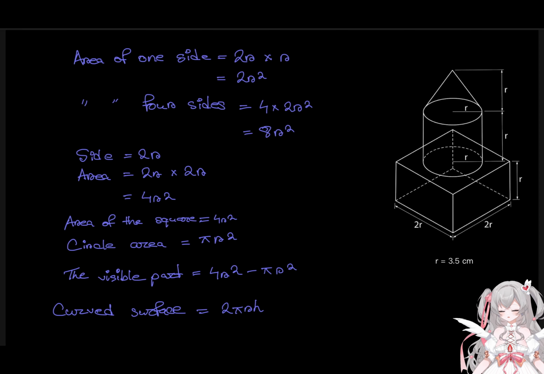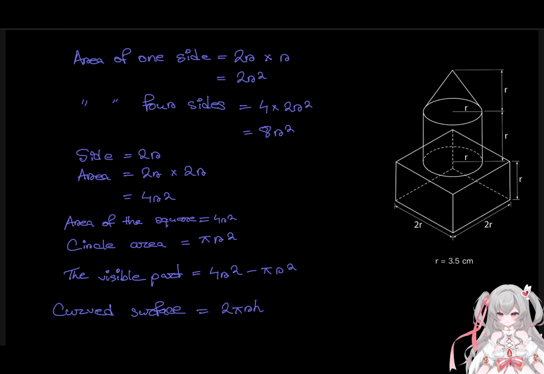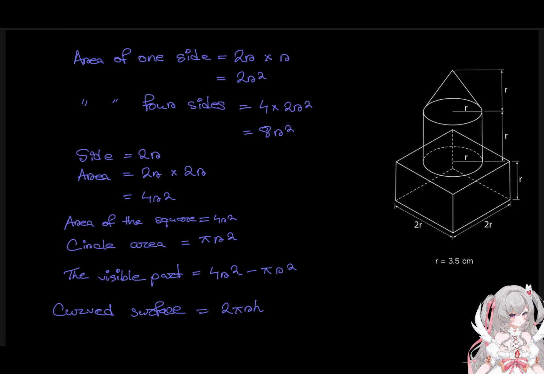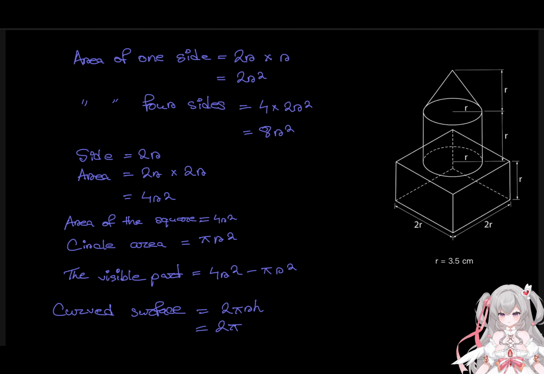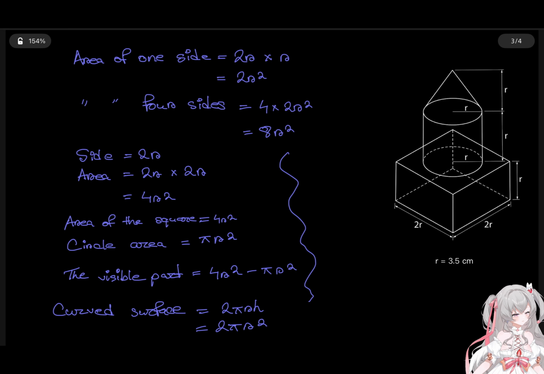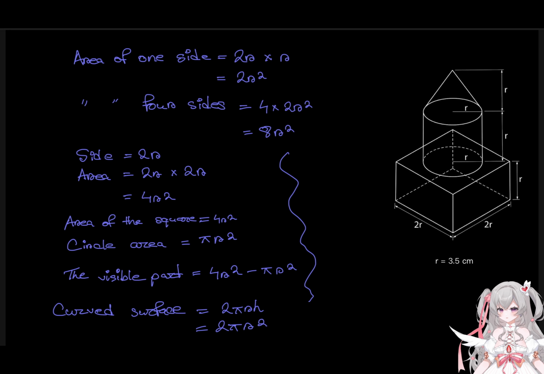And we know that here radius is equal to r and height is also equal to r. So we get as a result 2 pi r squared. And then for the cone, we have to use the Pythagoras theorem in order to find the slant height.